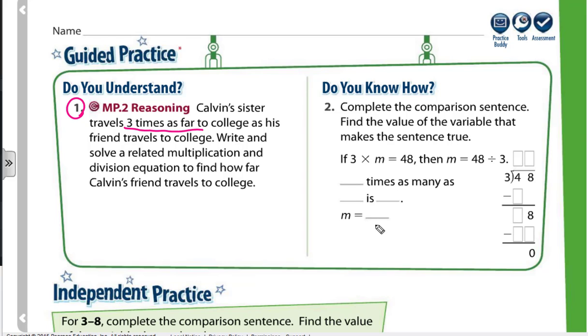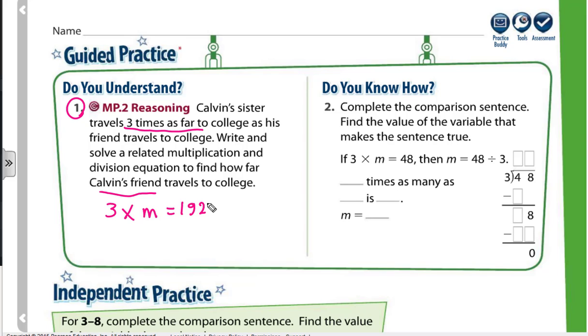This time it's not the same m, it's another m. This is the friend, so we will call it m. So 3 times Calvin's friend, which is m, equals 192. Okay, so this is the equation.